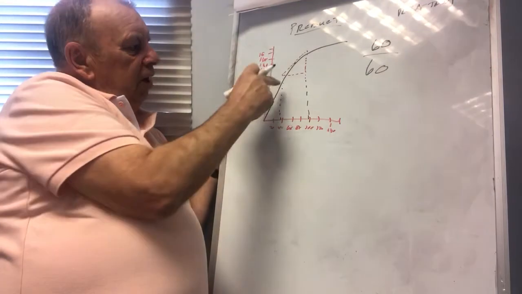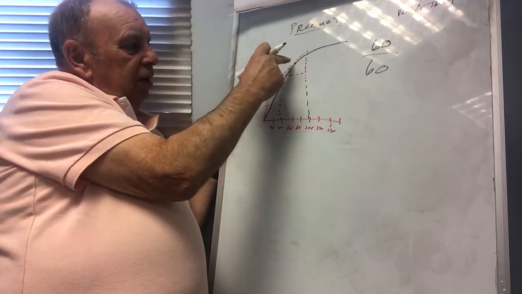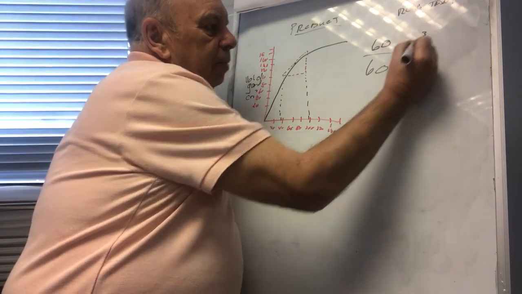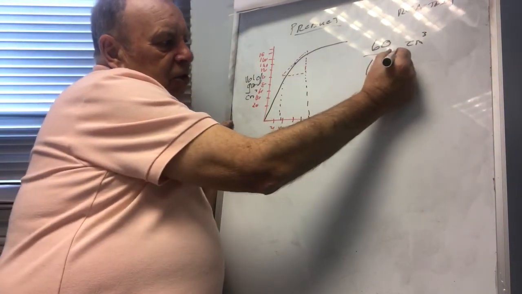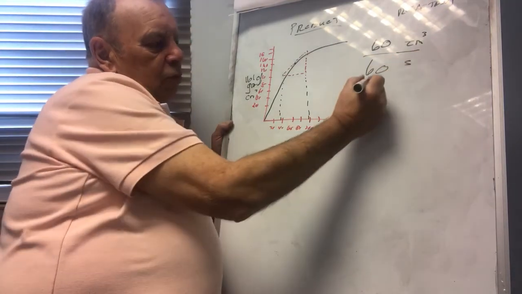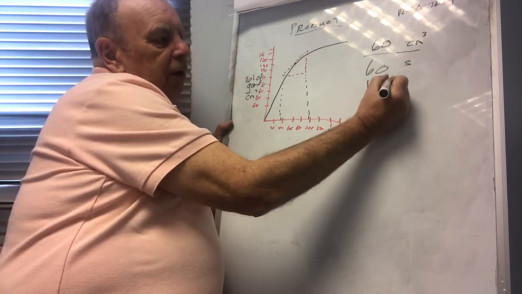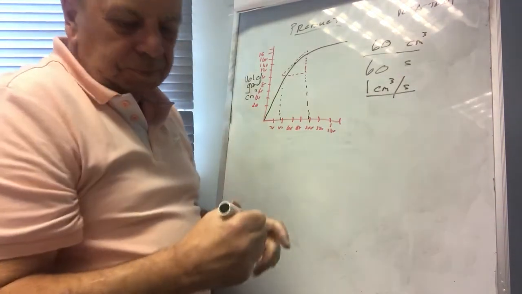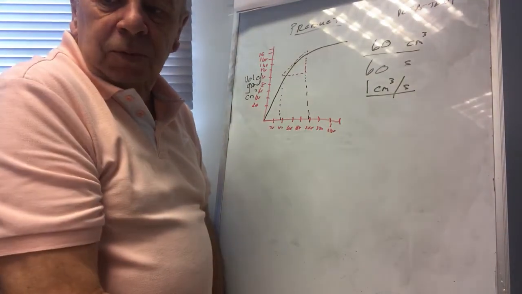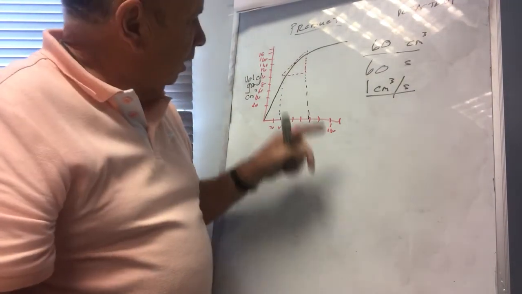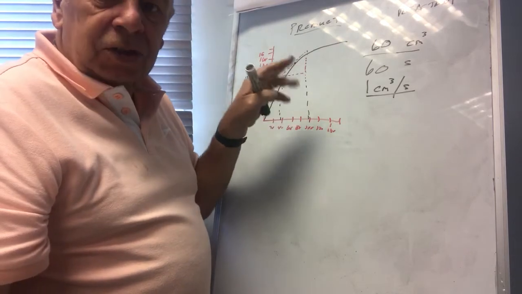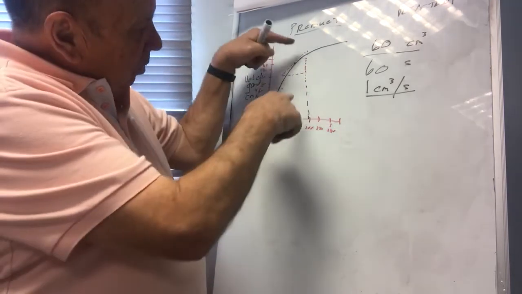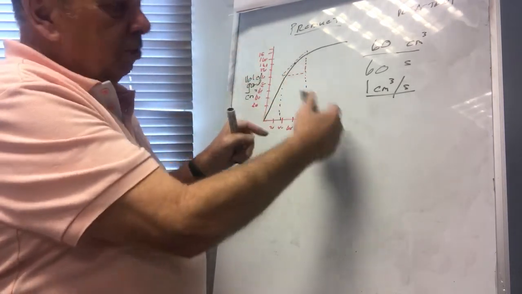So the rate of reaction at that point there is 60 cm cubed divided by 60 seconds, which is 1 cm cubed per second. So that's how I would calculate the rate of reaction at that point. It's the gradient, distance up by distance across.